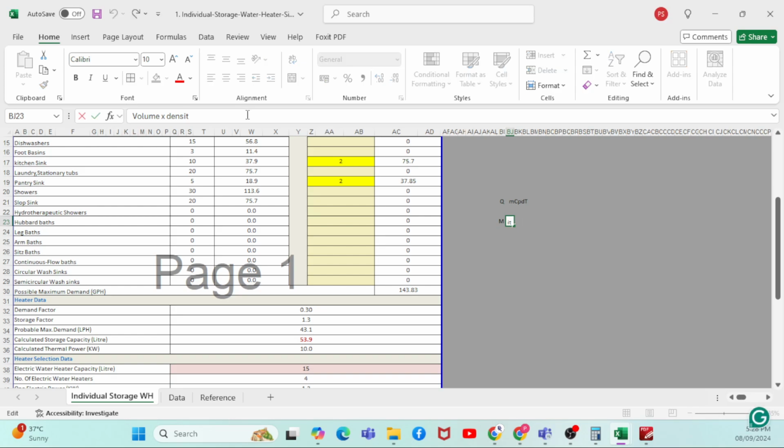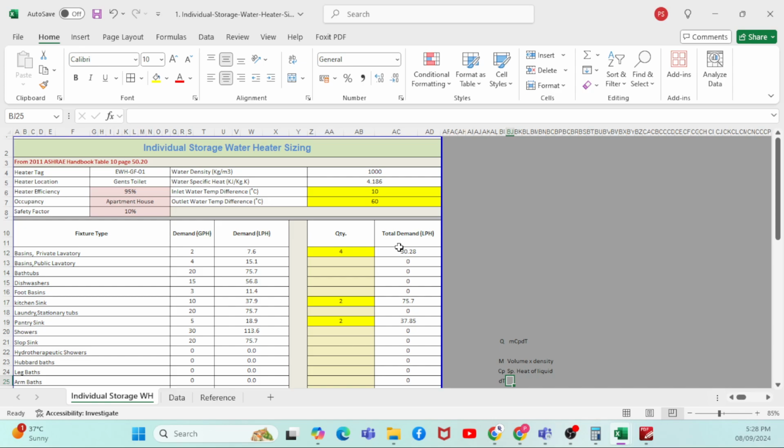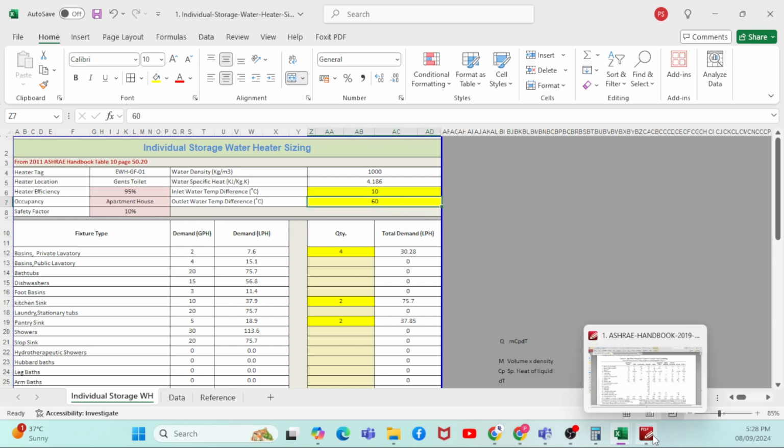Okay. Then after that, the specific heat of the liquid, which is water. Okay. Then I will be calculating delta T. Delta T means temperature difference. So you can see that the maximum temperature for the water will be 60 degrees Celsius.